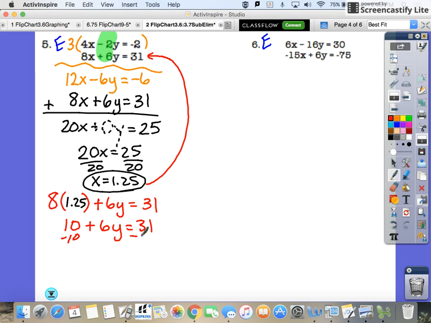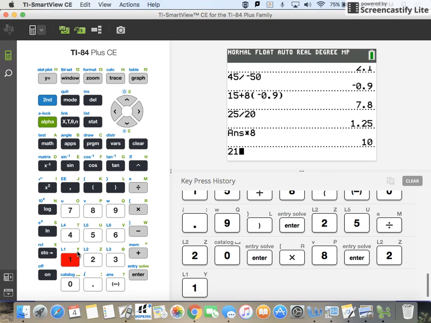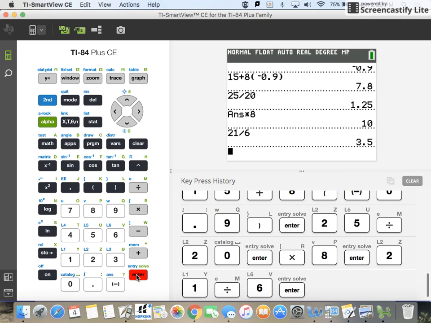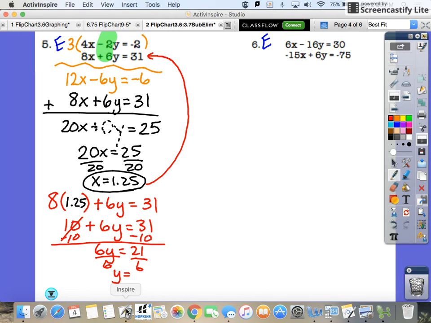Minus 10, minus 10, chunga, 6y equals 21. Divide by 6, divide by 6. y equals 3.5. So our final solution is x equals 1.25, y equals 3.5.